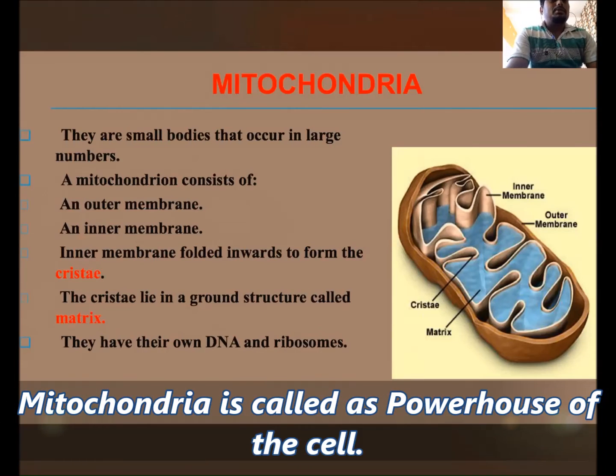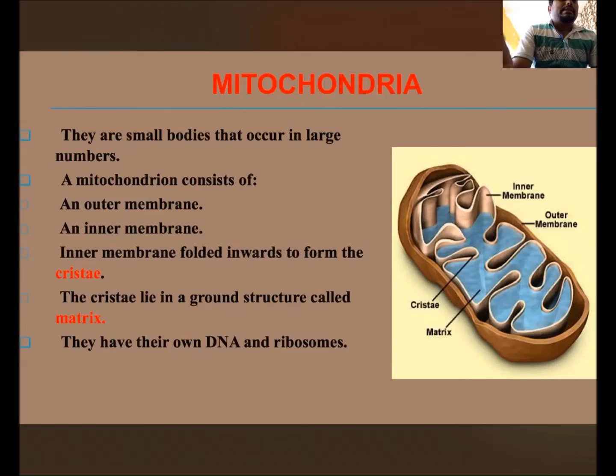That is why mitochondria are also called the powerhouse of the cell, because they contain oxidative enzymes and they can generate energy in the form of ATP. That is why it is also called the powerhouse of the cell.